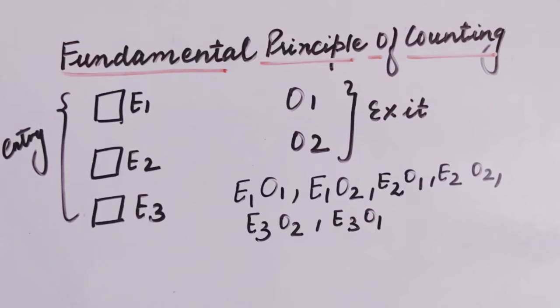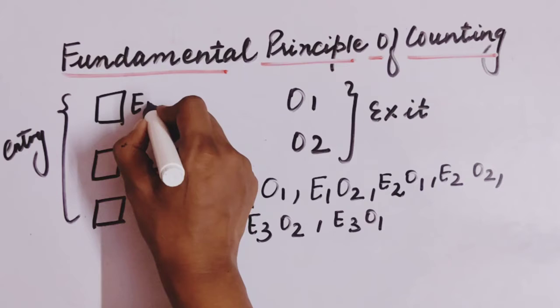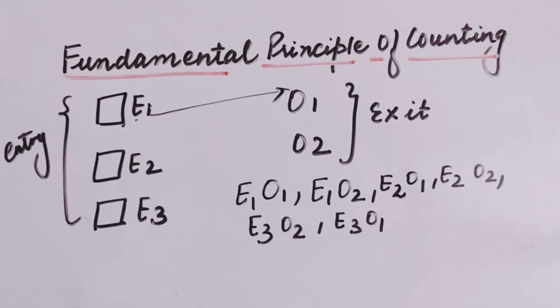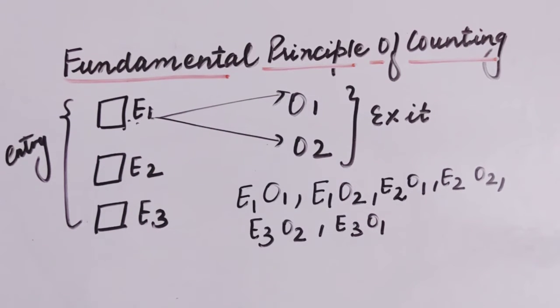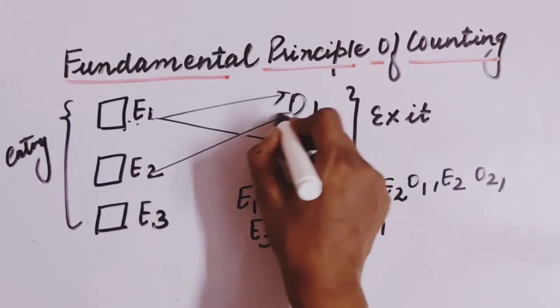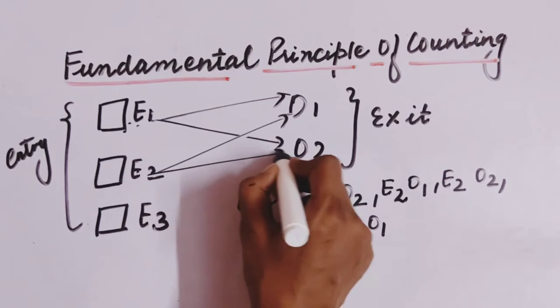exit the cinema hall? So what we are watching here students, either she can go by this and leave by O1, or she can go by this same gate and exit by O2. And what we can say, she is entering by E2 and exiting by O1. She is entering by E2 but exiting by O2.